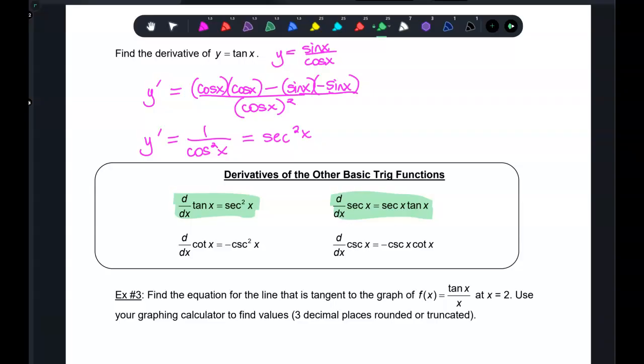If you just play around with the algebra, we'll eventually get those. Think about how you can rewrite secant. It's 1 over cosine. How would you write cotangent? Cosine over sine, and you would do the exact same thing. Do the quotient rule, just way faster.